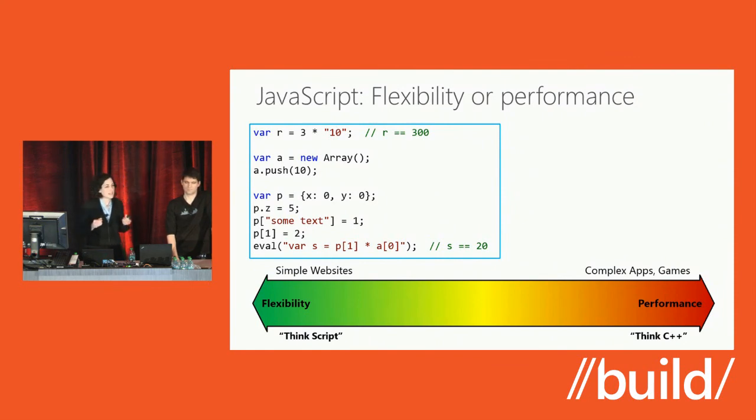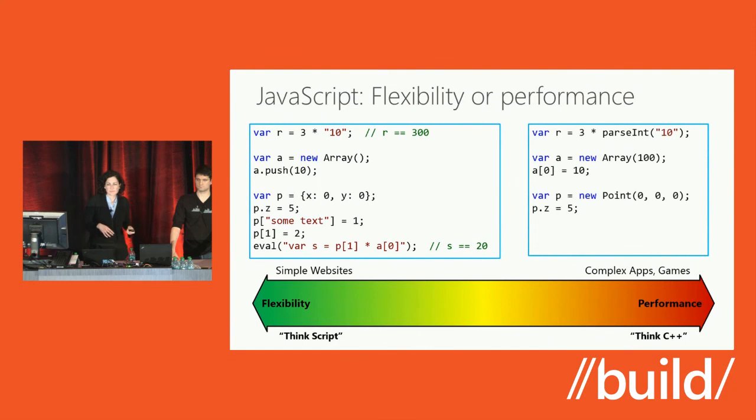So if you can take your structured and rigorous self as a C programmer and bring it into the JavaScript world, you're going to end up writing faster JavaScript code. Now, of course, that comes at the cost of flexibility, so there's a style choice to be made there. But again, we're talking about performance here. So you always need to make that trade-off between do I want it flexible versus do I want it performant.